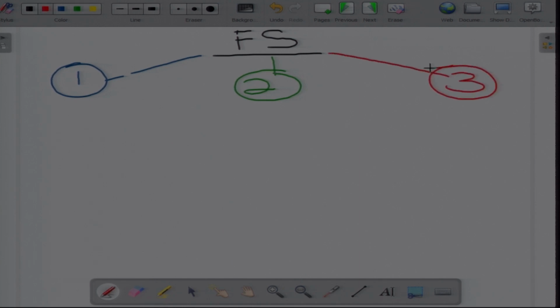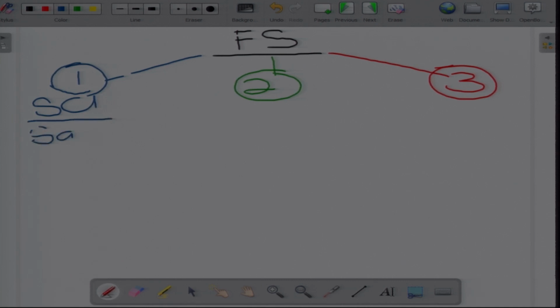Okay, so what is it that we need to know about our financial statements? The first statement is our statement of comprehensive income. Statement of comprehensive income. Firstly, what is the framework?